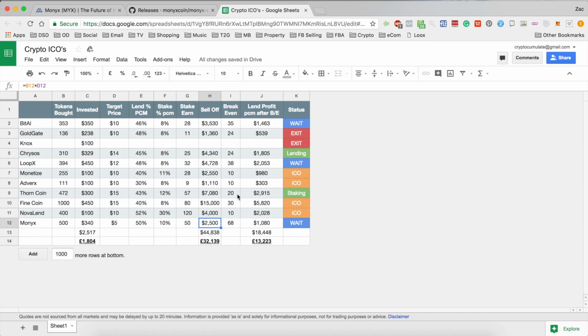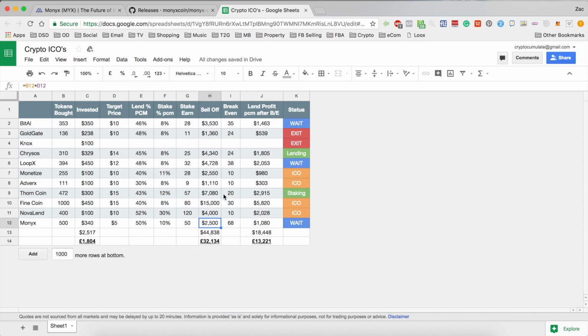For example, with Thorncoin, they've obviously released their staking first, and their lending will come into effect in just a few days. So at the moment I'm staking with Thorncoin, so I can earn a few extra tokens of theirs in time for the lending.